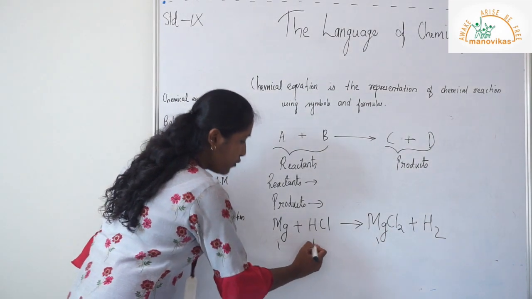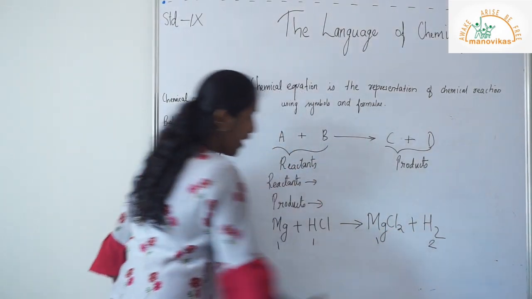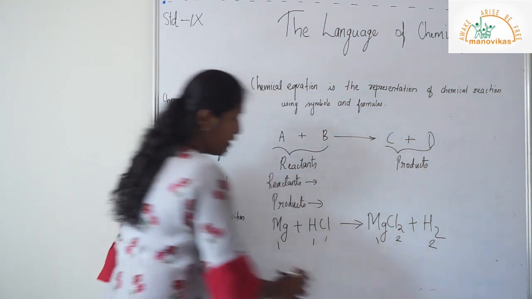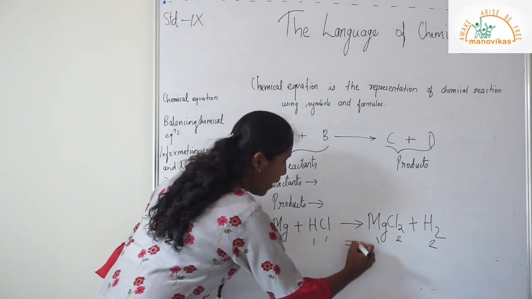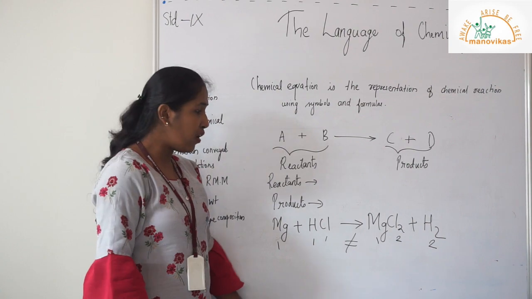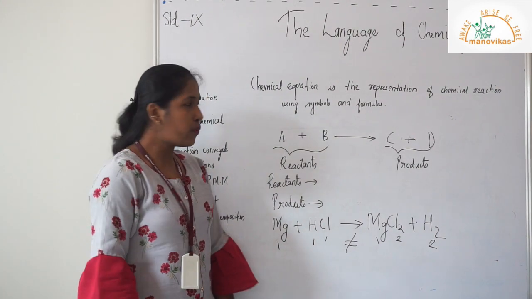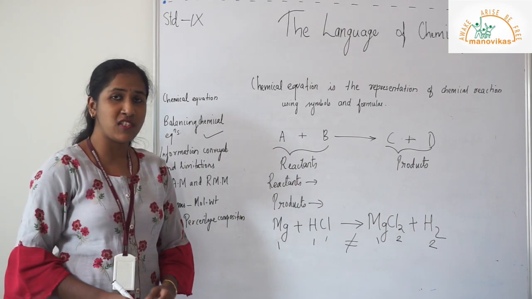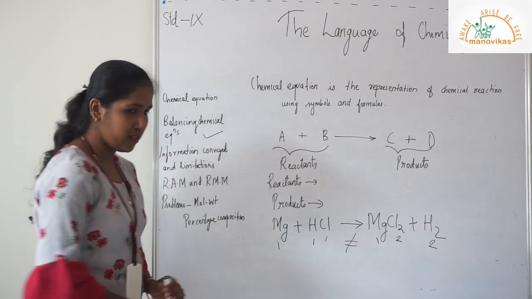Here you have 1 hydrogen, but here you have 2 hydrogen. Here you have 1 chlorine, here you have 2 chlorine. So the equation is not balanced. So this equation we call it as skeletal equation or unbalanced chemical equation. So second part, we are going to see balancing chemical equations by hit and trial method.